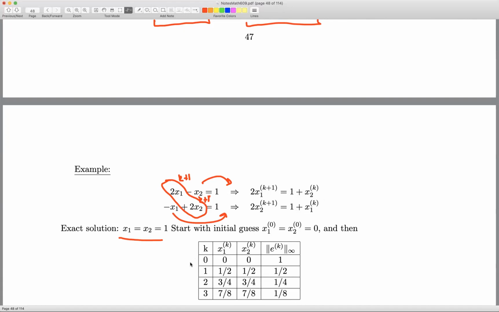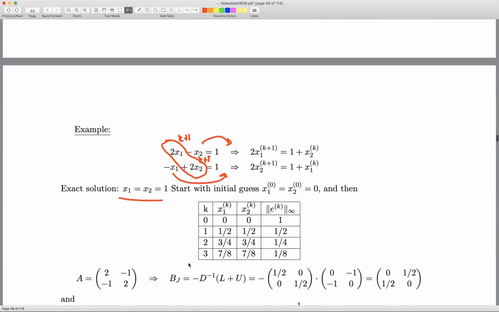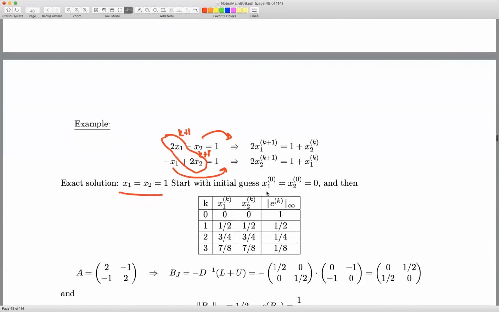If we make this little table, we start with an initial guess, the vector with components 0, 0. So at step k equals 0, we start with 0, 0, and then what will be the error?